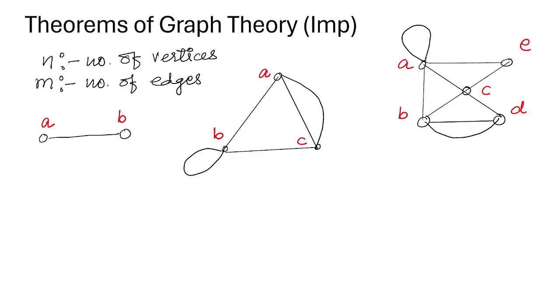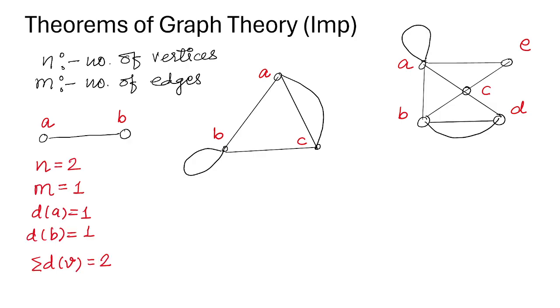If I write one by one the order, size, degree of vertices in every graph, and also the sum of the degrees, that is the total degree, then for the first one I get two vertices, size 1, degree of a and b both 1 and 1, and the sum of degrees is 2.